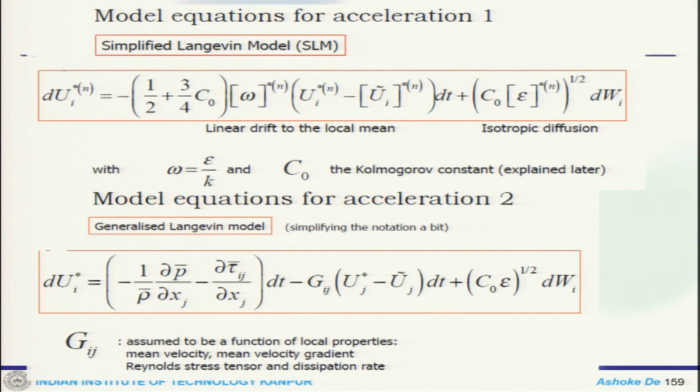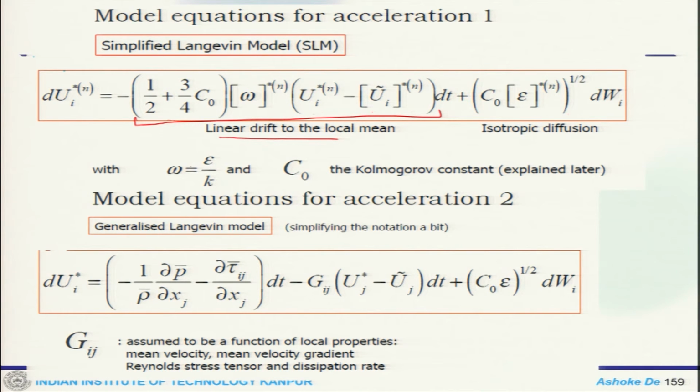Now, there are model equations which are often used for acceleration. One is the simplified Langevin model, which uses dui star, with a model coefficient, and omega, which is nothing but the turbulent frequency, and a difference between the instantaneous and mean velocity, and then there is an isotropic diffusion term. The drift calculated here is a linear drift to the local mean.